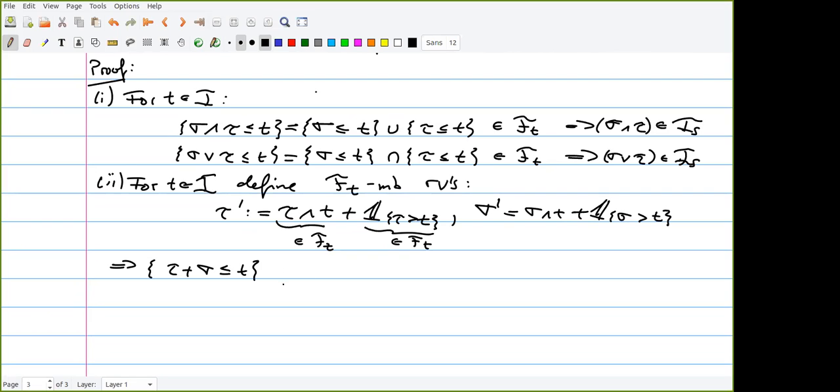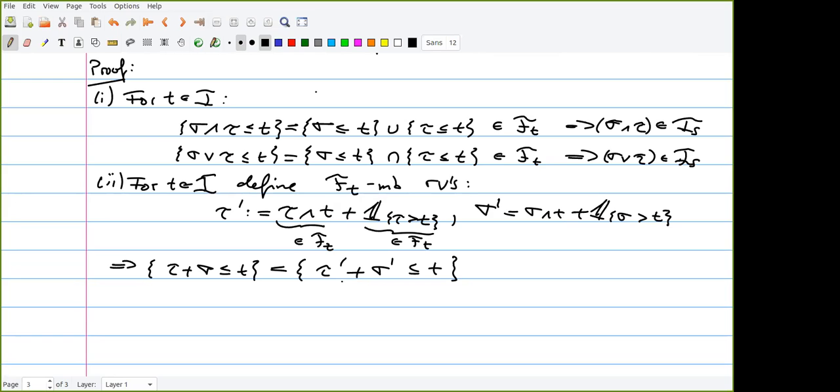If we want to decide whether the sum of tau and sigma is less than t, this is the same event as tau prime plus sigma prime being less than t, right? Because the moment one of these is bigger than t, so it's strictly bigger than t, then the sum is strictly bigger than t, and one of these random variables, tau prime and sigma prime, is set to t plus 1, so this is the case.